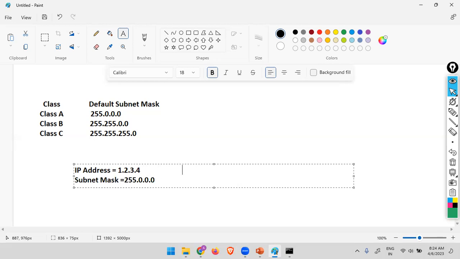What is the binary value for 1? This one. For 2? 1 0. Then for 3? This one. For 4? 1 0 0.